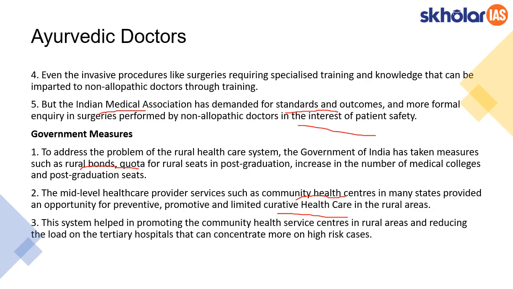So the advantage of having such community healthcare centers at rural level is that they reduce the pressure on tertiary hospitals, because tertiary hospitals can concentrate more on high risk cases rather than these small cases. Okay, so this is the broader idea around this amendment.